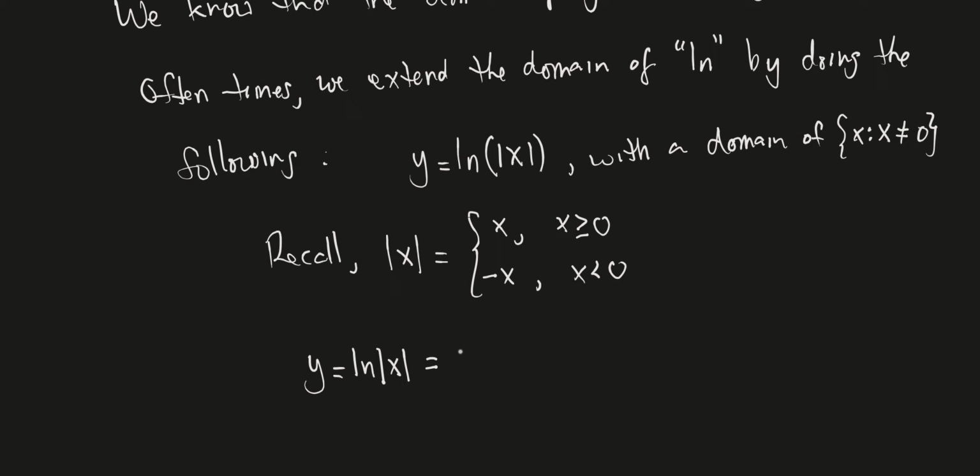So this can be written also in piecewise form, right? If our x is greater than or equal to 0, then this just simplifies to the natural log of x, right? If our x is negative, then we'll have the natural log of the absolute value of negative x, and that will happen whenever x is less than 0.